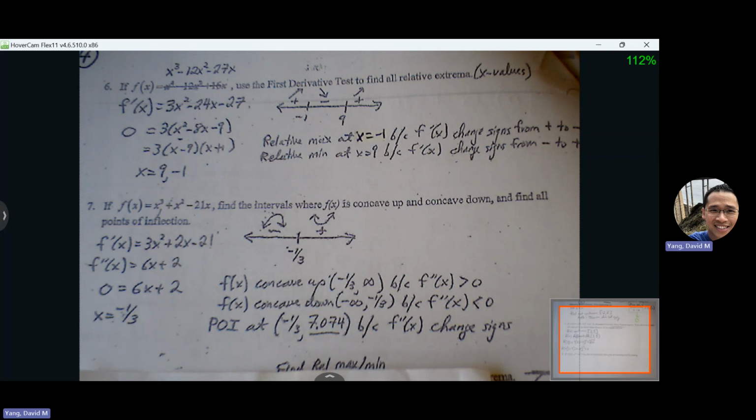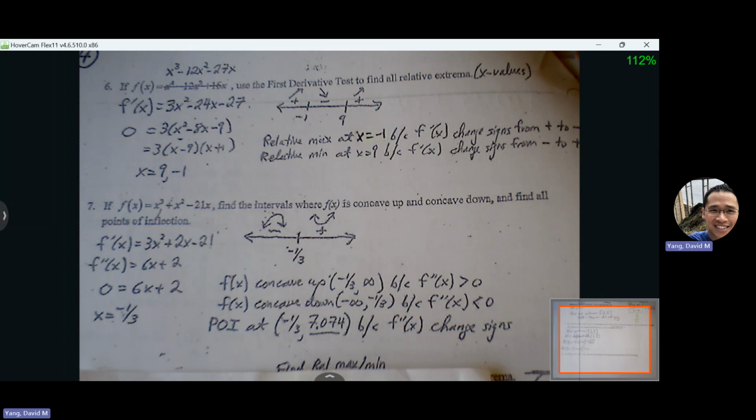All right, any questions so far? Number 8, we have the second derivative test. The second derivative test is going to initially look like the first derivative test.